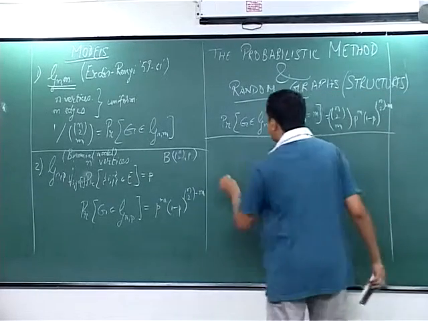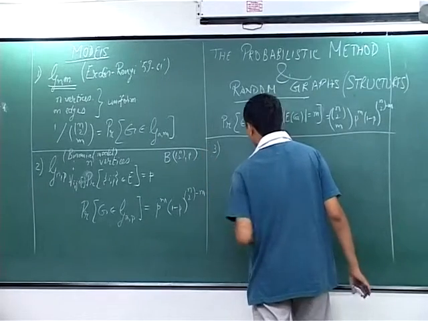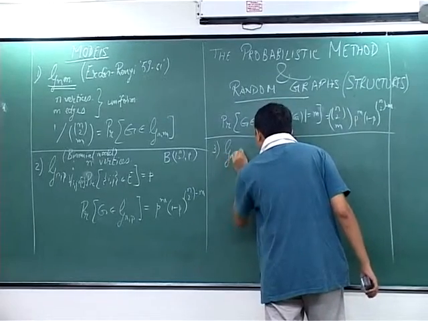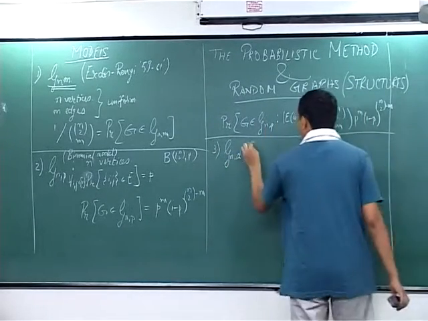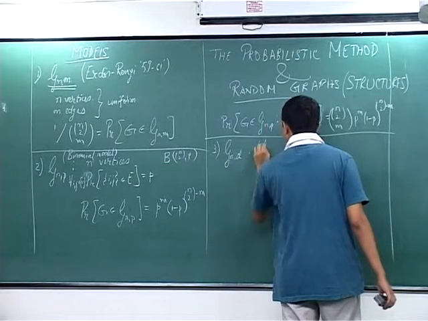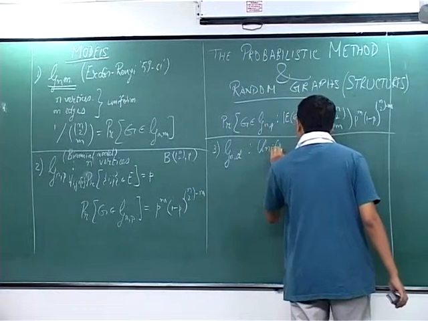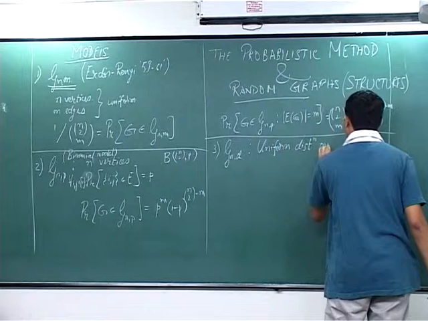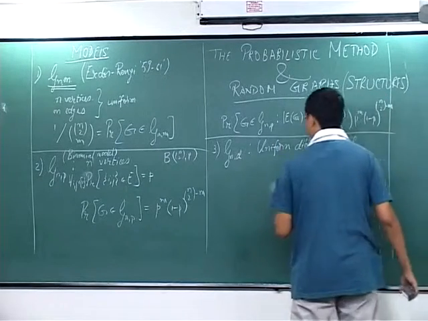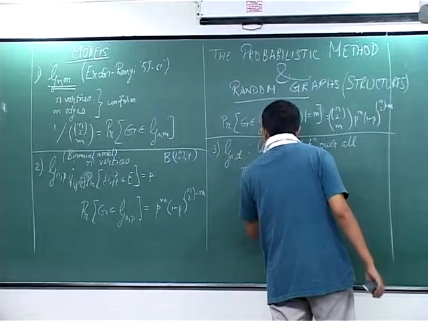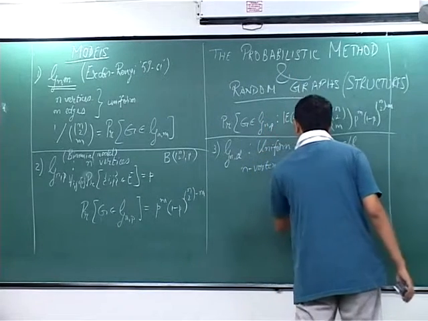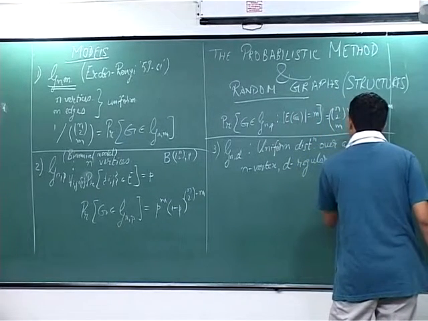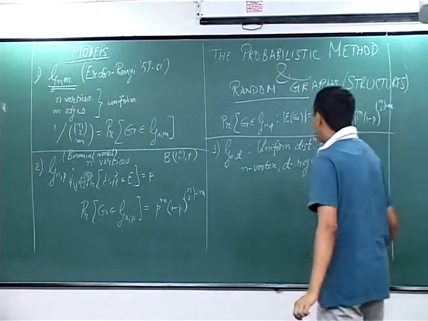There is one more model, and you can try this next problem in your free time: G n comma d, which is the uniform distribution over all n vertex d regular graphs.